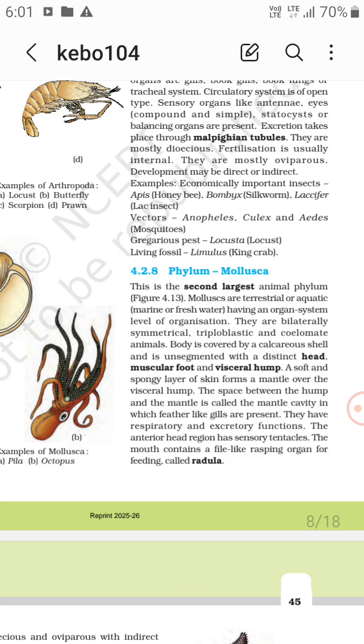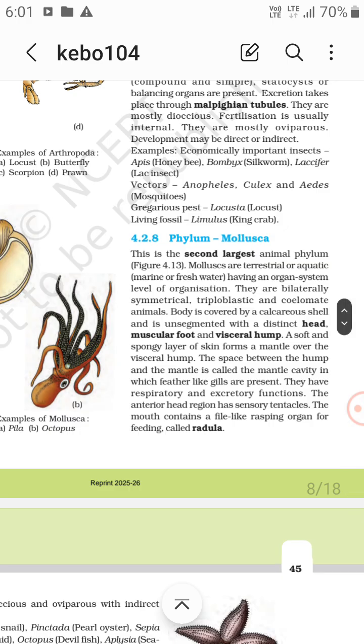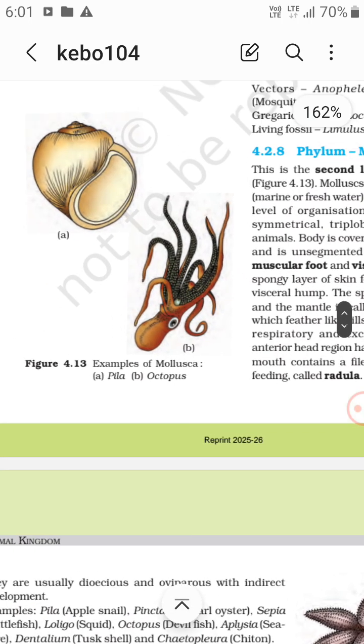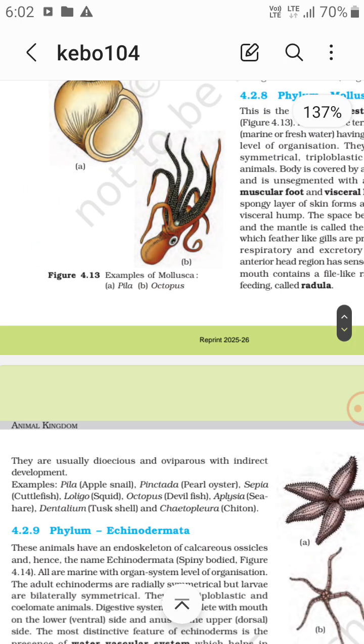The cavity of this is the mantle cavity, which has the feather-like gills. They have respiratory and excretory functions. The anterior head has sensory tentacles, and the mouth contains a file-like rasping organ for feeding, called radula. So first is Pila and second is the octopus.